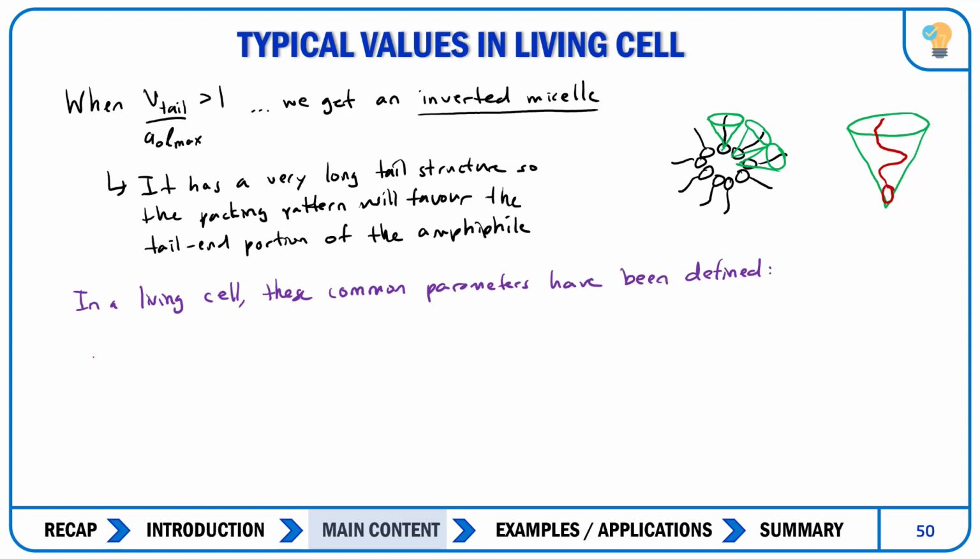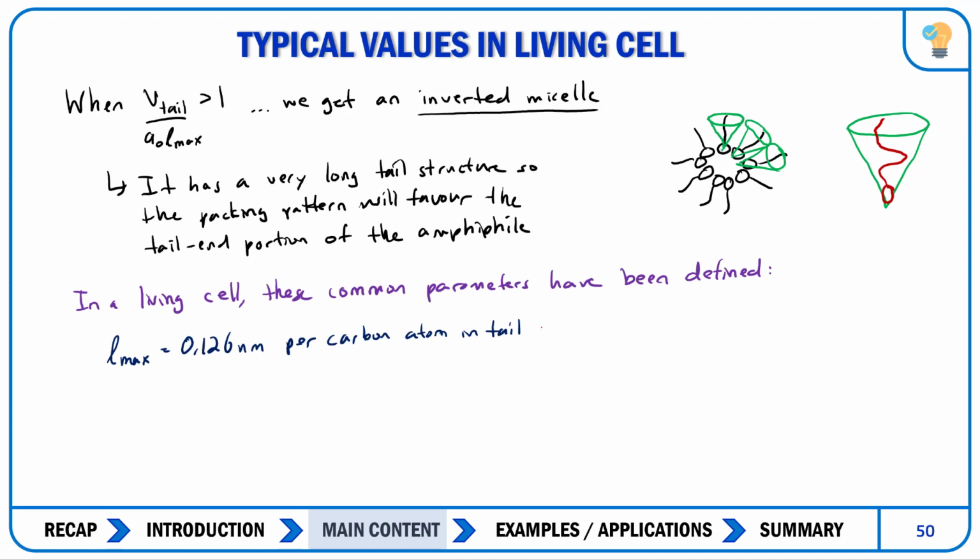So LC, or L max, is equal to 0.126 nanometers per carbon atom in the tail.